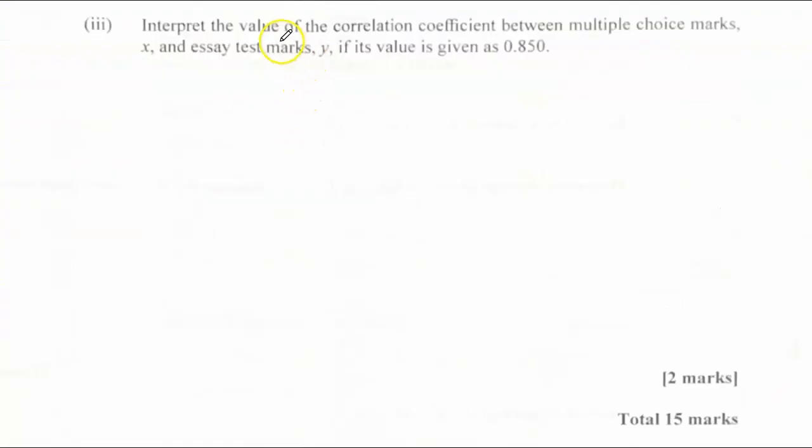Part 3, interpret the value of the correlation coefficient between multiple choice scores and test marks if it's given as 0.85. So if the correlation coefficient R is 0.85, that's a very strong correlation.